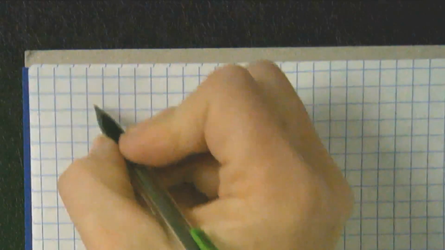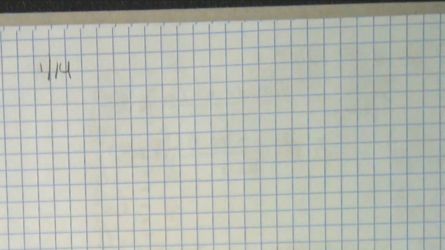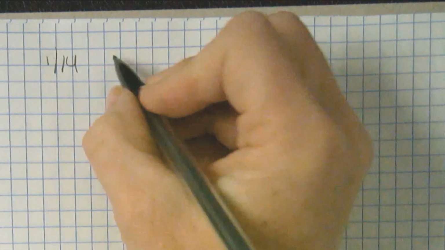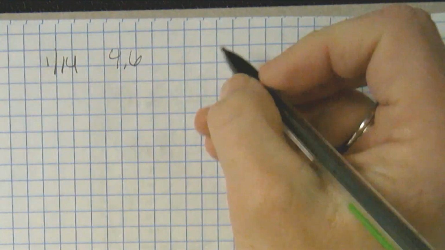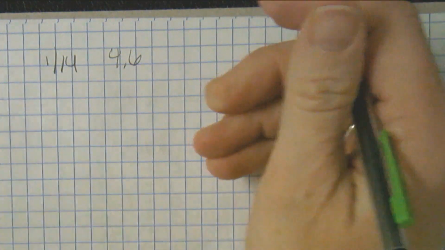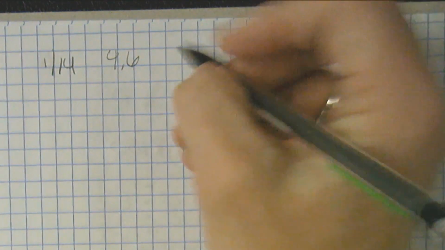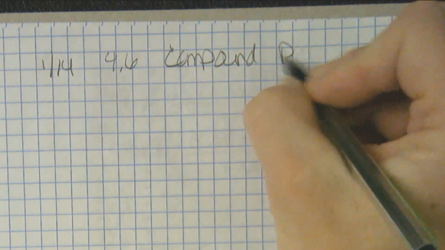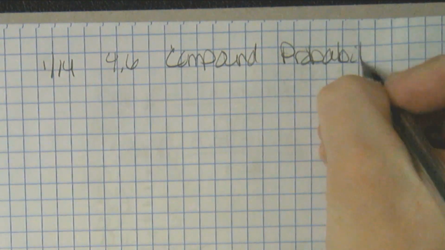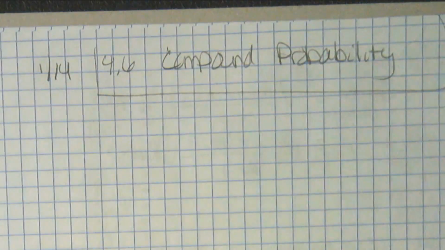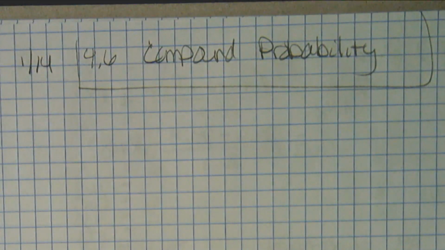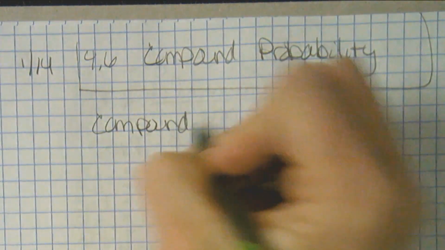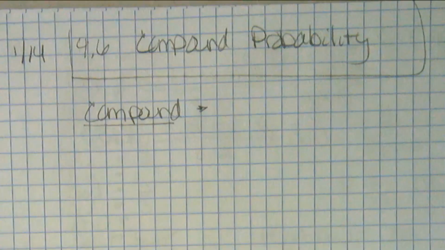Okay. Today is the 14th. We are in chapter 4, section 6. We're just starting it. What we're talking about is compound probability. The word compound, I know we have seen it before, in compound inequalities.